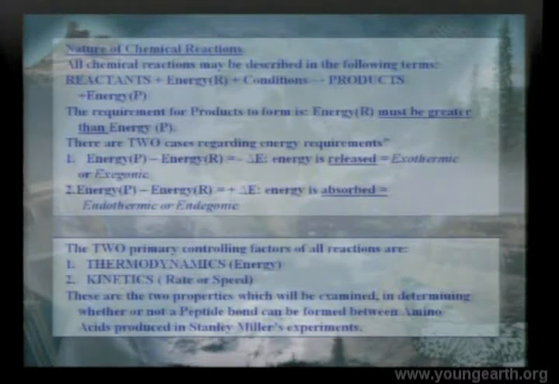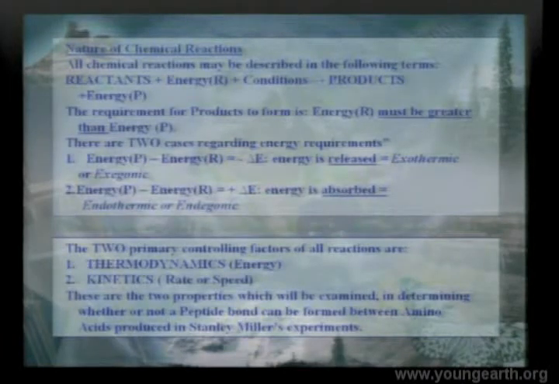The requirements for the products to form must be greater than what the energy of the products is going to be. In other words, you've got to have enough energy to start with if you're going to get something coming out that's going to use up that energy, right? How can you get the energy being used up that's not available to start with? So you've got to have more going in, okay?